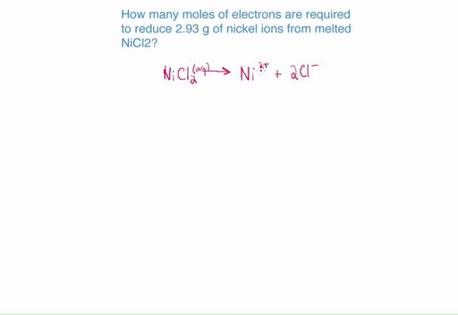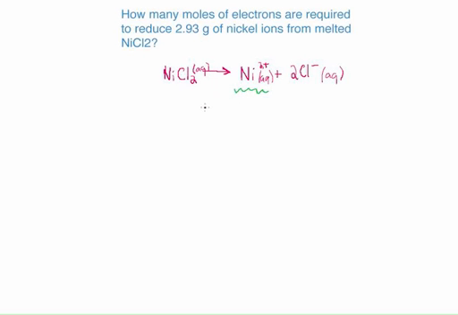And again, all of this is still aqueous. Now, we could look at what's going to happen to the chlorine as well, but the problem is just asking us about nickel, so let's stay focused on that.